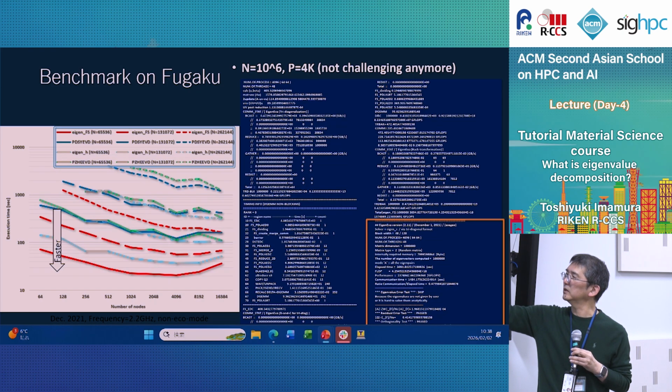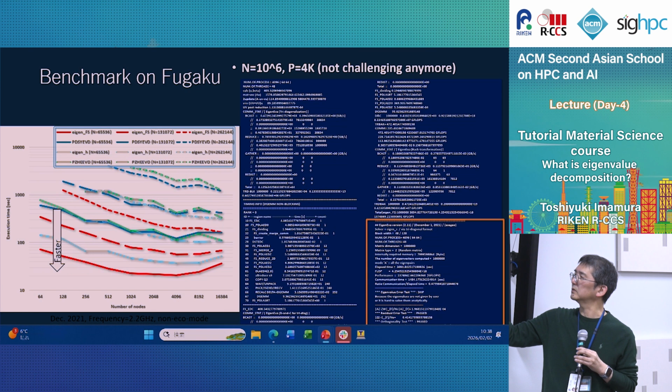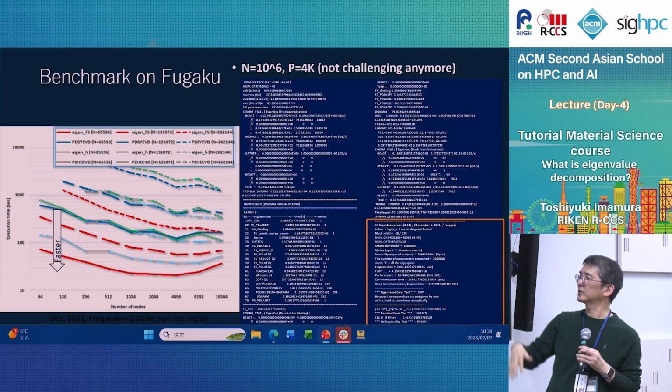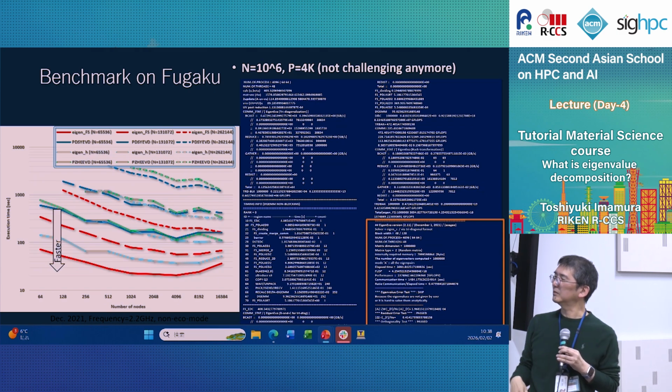Here, the number of eigenvectors computed is 1 million. It needed 3,000 seconds. The memory requirement, I cannot translate it into megabytes or gigabytes, but it is on the order of terabytes, 10 terabytes, 100 terabytes.